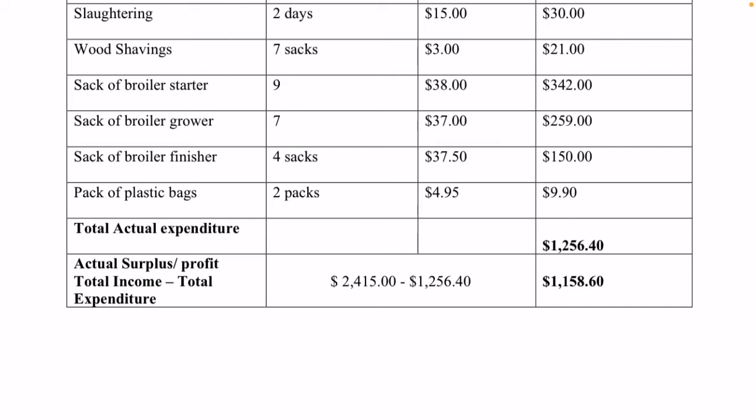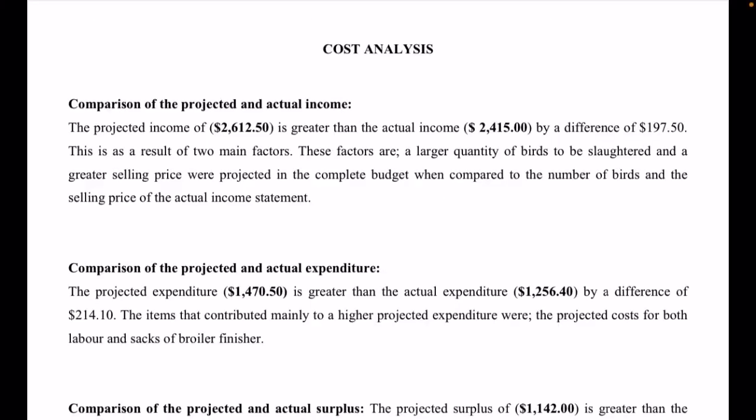All right, so this brings us to the end of the income and expenditure statement and the complete budget section of your cost analysis. Now, let's take a look at how we are able to analyze the information and provide an accurate comparison.